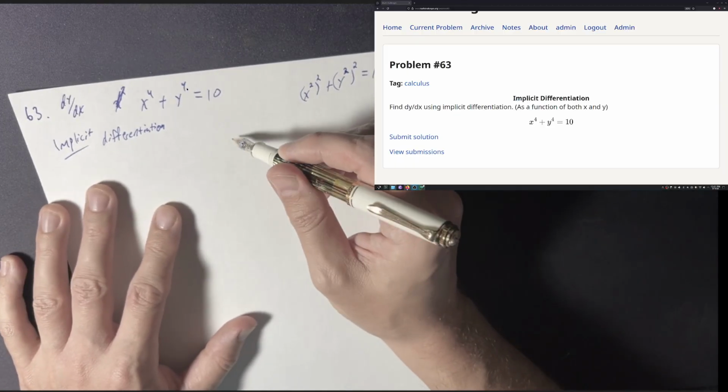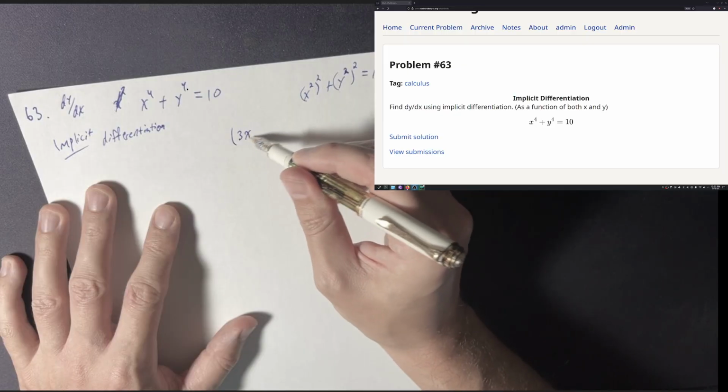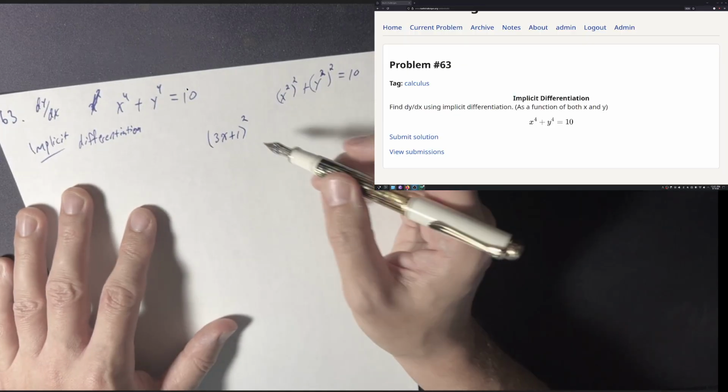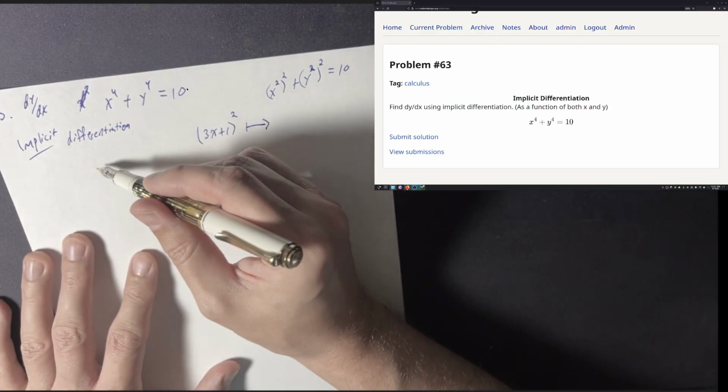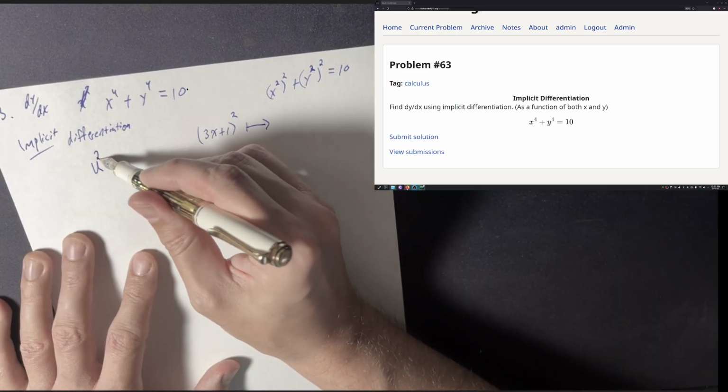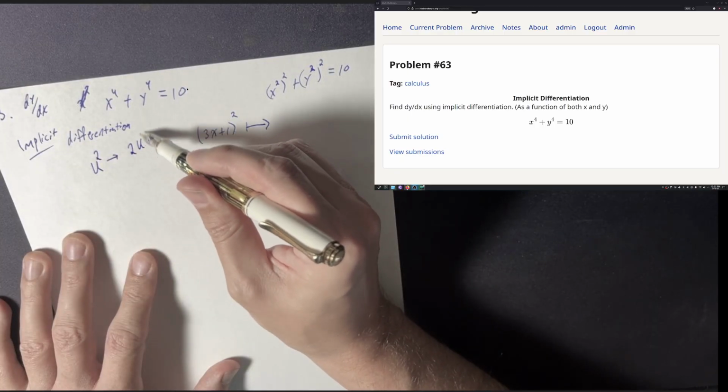For example, if I had something simple like (3x plus 1) squared and I want its derivative, we have this power rule thing. If you had u squared, you do 2u to the 1, for example.